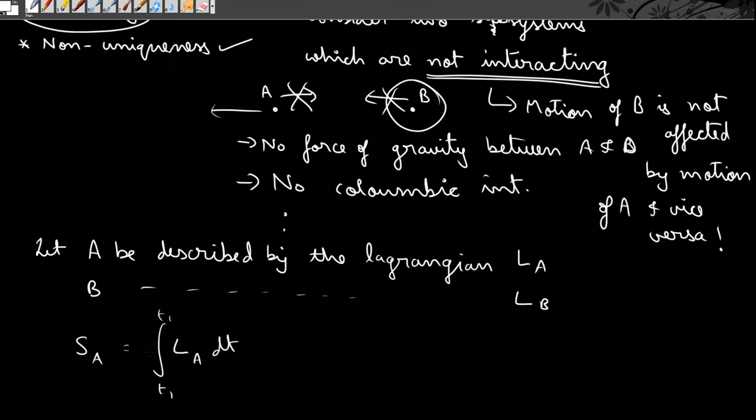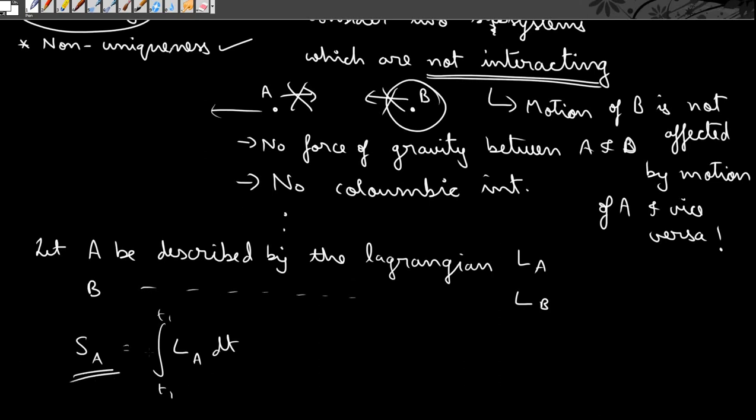When I minimize this particular action integral for the particle A, the condition corresponding to that dictates the path which is taken by the particle A, or in other words, it characterizes the motion of particle A. And similarly for B, we have the corresponding action integral defined as the integral from T1 to T2 of LB dt.